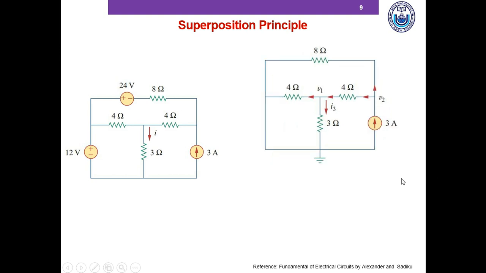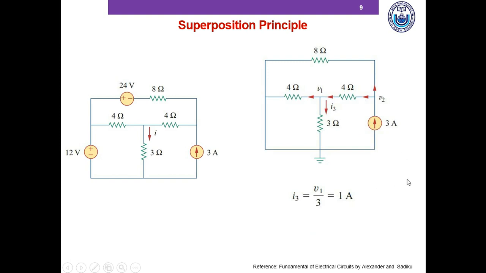And in the final step, we keep the 3 ampere current source on and the rest of the independent sources off. So we've replaced this 24 volt voltage source here with a short circuit, and this 12 volt voltage source here with another short circuit. In this circuit, again, we can use current divider or even mesh analysis or nodal analysis to determine the current through the 3 ohm resistor, I3.